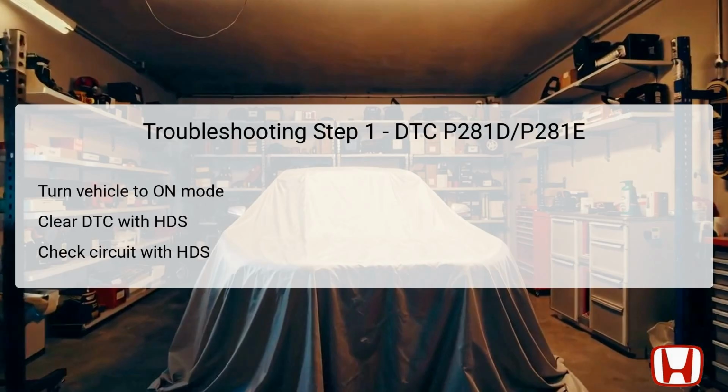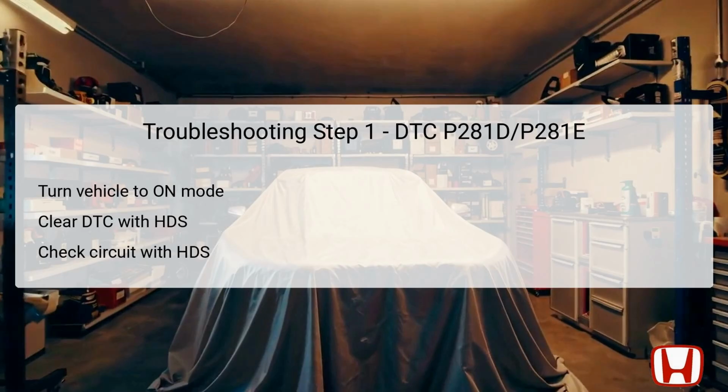To begin troubleshooting DTC P281D and P281E, start by turning the vehicle to the on mode, which activates the relevant systems for diagnostic checks. Utilize the Honda Diagnostic System, HDS, to clear the stored DTCs and reset the system for a fresh assessment.